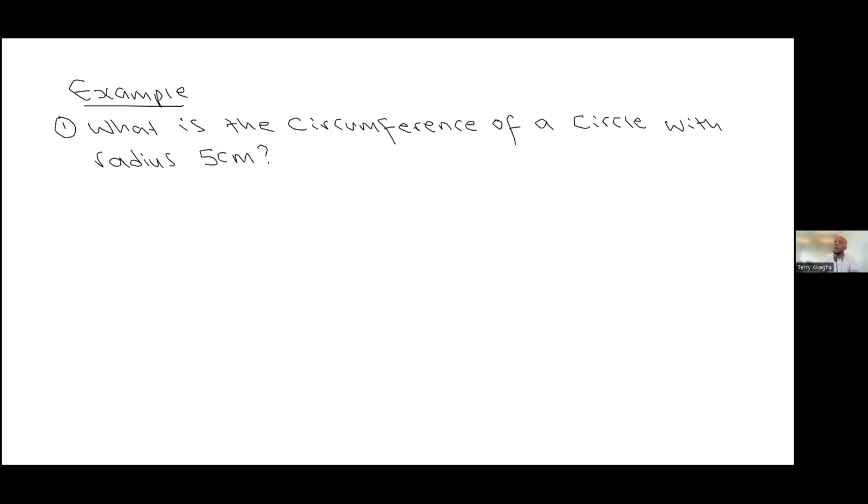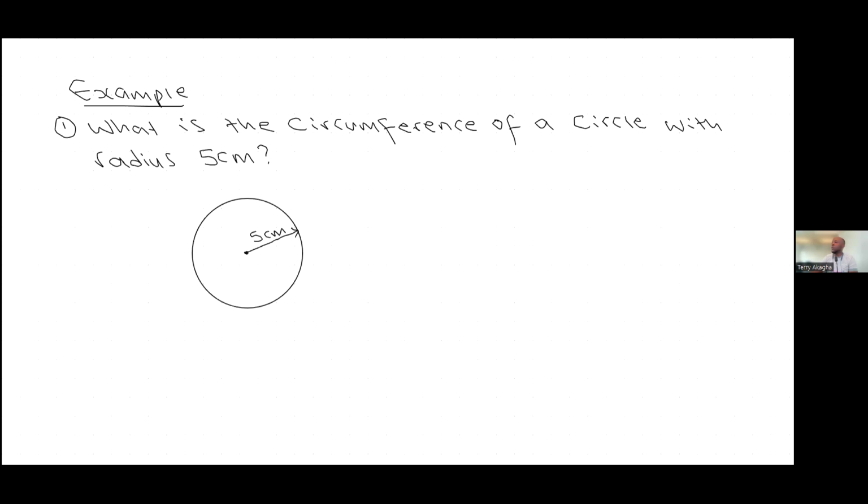If I want to draw this, we have a particular circle, and the distance from the center all the way to this point is 5 centimeter. And we're told to find the circumference.